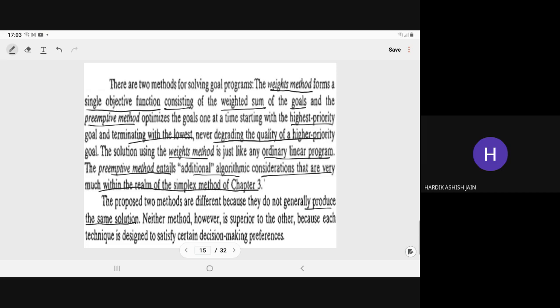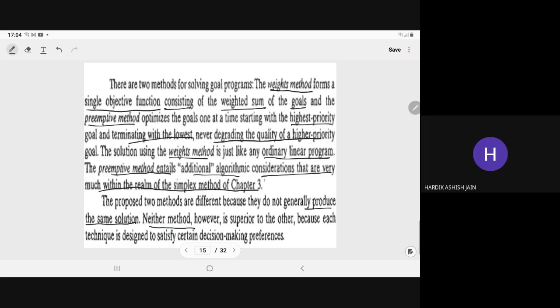Because the basics are different: in the first method we assign the weight, in the second method we assign the priority. In the first method we consider all the goals at a time simultaneously as a weighted sum, but in the preemptive method we use only one goal at a time and solve in order of priority from highest to lowest.